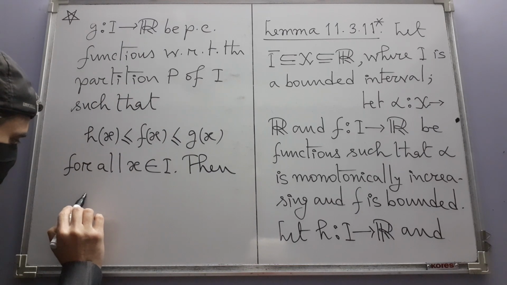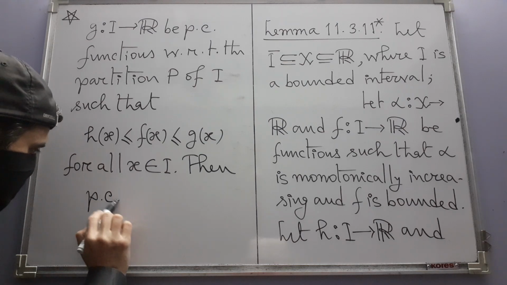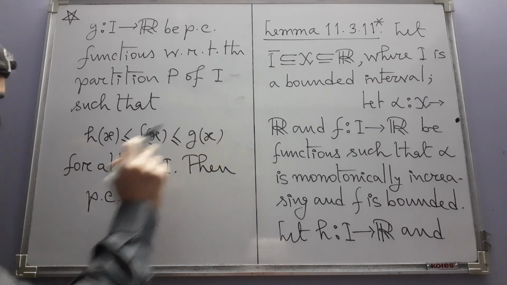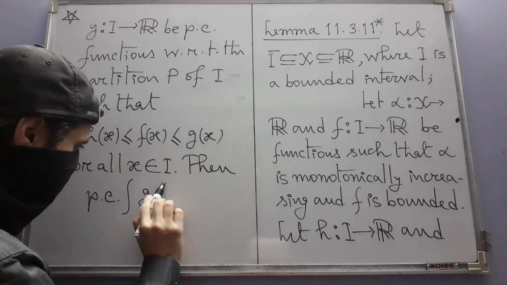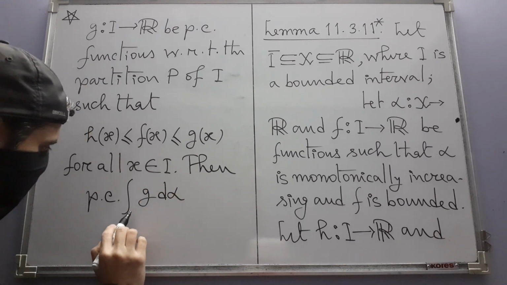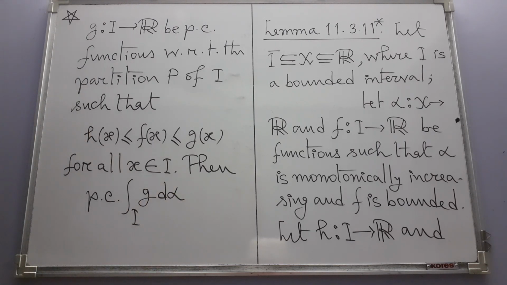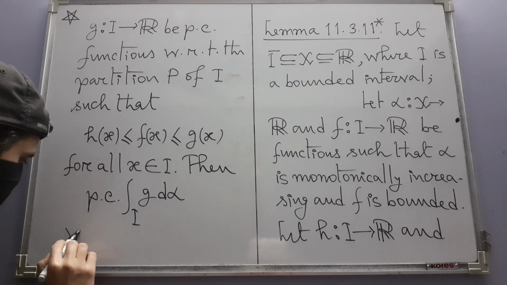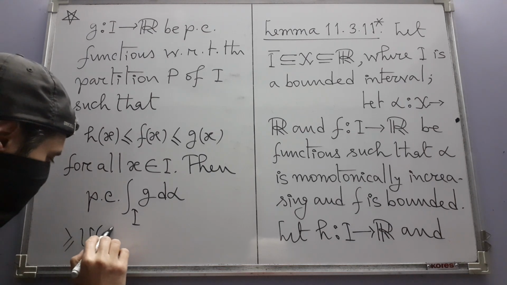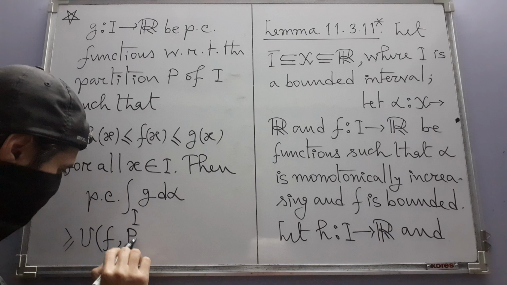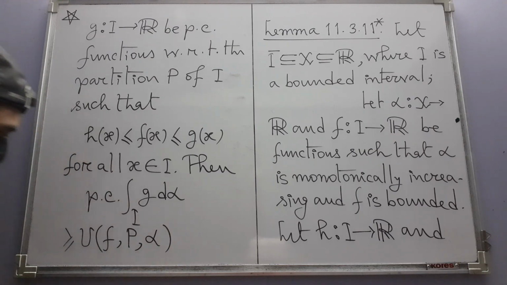Then the PC integral of, let me first write the one for g. PC integral, Riemann-Stieltjes integral with respect to alpha, is greater than or equal to something, some symbol I am going to write, which I will define: U of f, P, alpha.